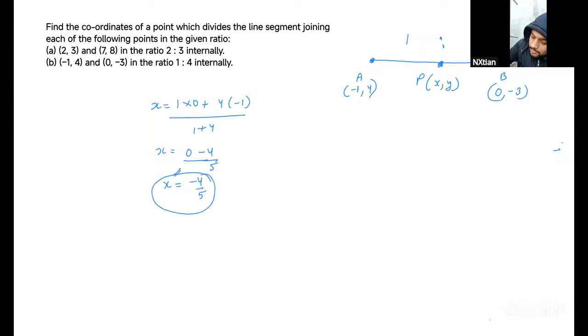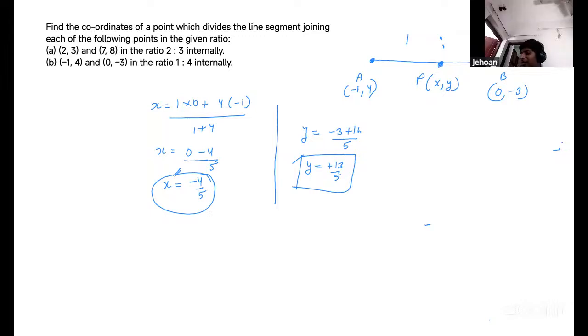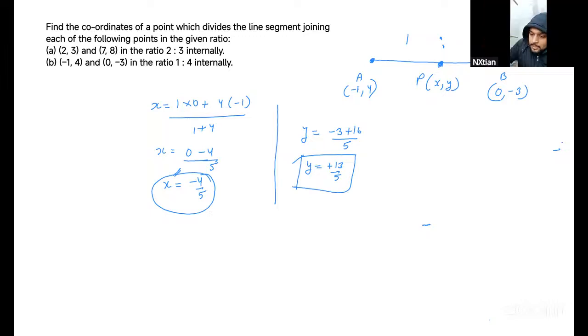And for finding the value of y: -3 plus 16 upon 5. Y equals 13 upon 5. This is the answer, Jahovan. What mistake did you do? I think I must have mixed up between the m1 x2. You can cross multiply like this.